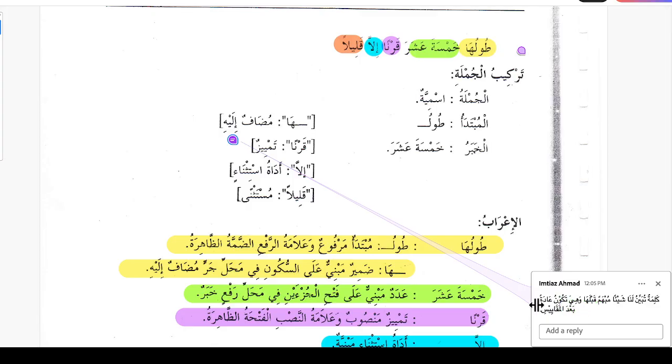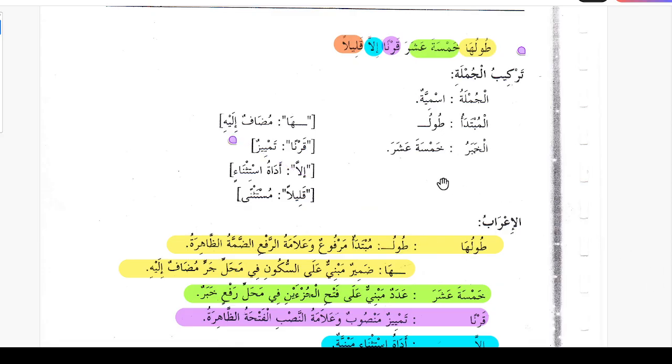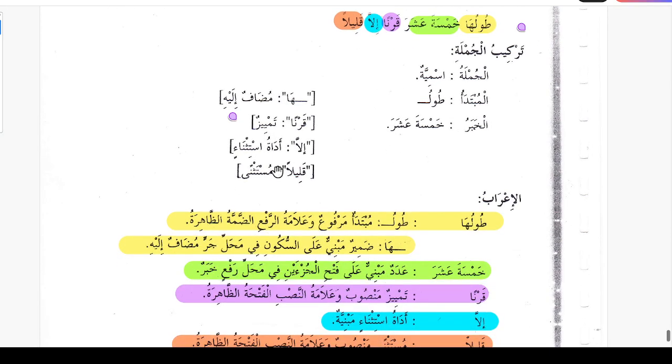And wahiya tukunu adatan badal mikyayisi, and this comes after the measurements or the numbers. Just like its length is 15. So what 15? Karnan, 15 centuries, 1500 years. So this karnan is clarifying the ambiguity that comes here. So it's called tamiz. And illa is adatu istisna, the tool for istisna.